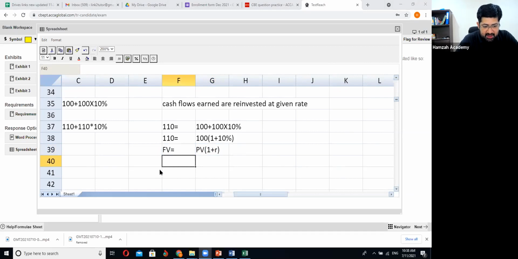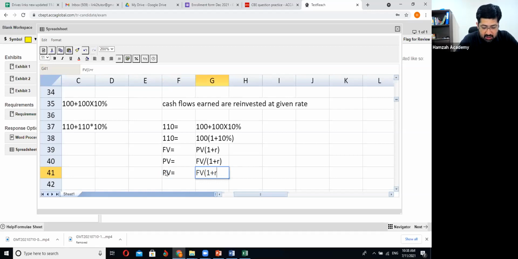So present value is equal to, rearranging the formula, future value divided by 1 plus R.